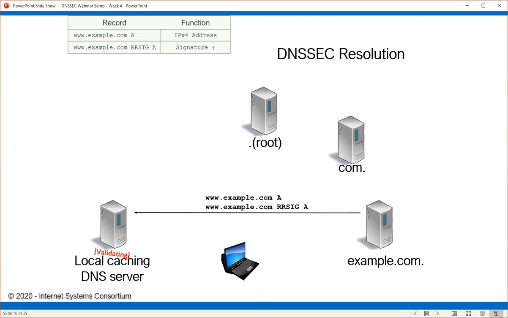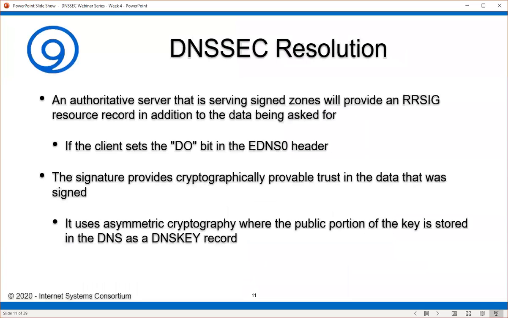The function of that, again, is to sign the resource record set associated with the A records. The authoritative server serving signed zones is going to provide RRSIGs in addition to the data if the client sets the DO bit in the EDNS0 header. Again, this is DNSSEC OK, which says, hey, I understand enough about the DNSSEC protocol for you to send me the signatures associated with the data I asked for, and I will deal with it.